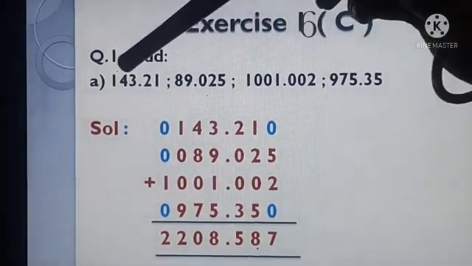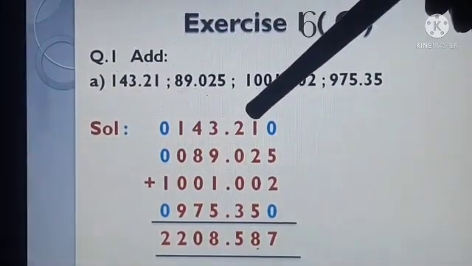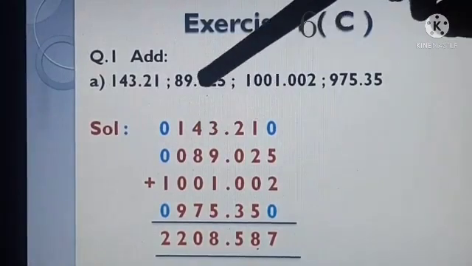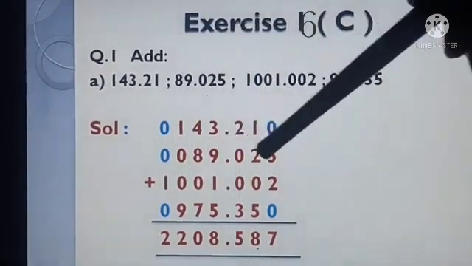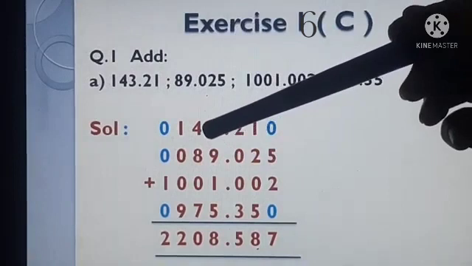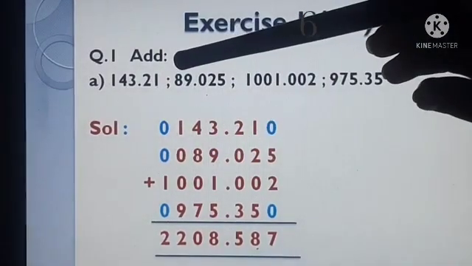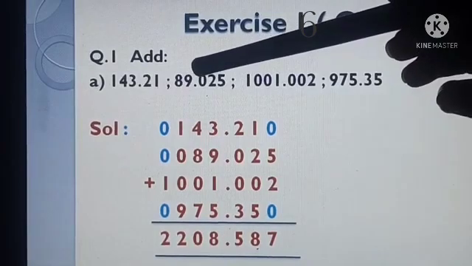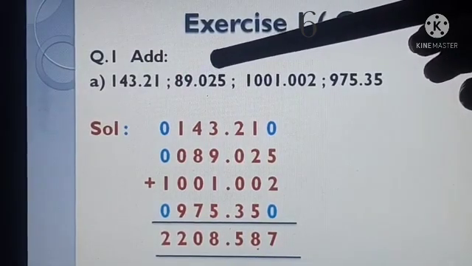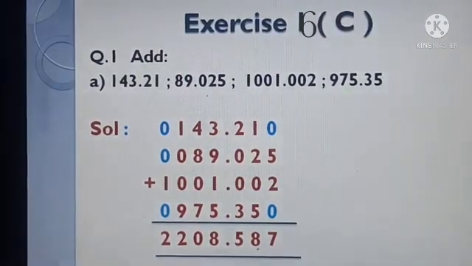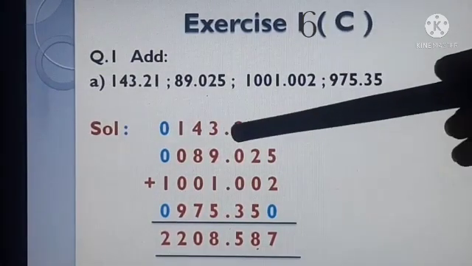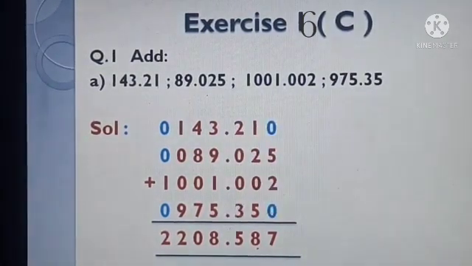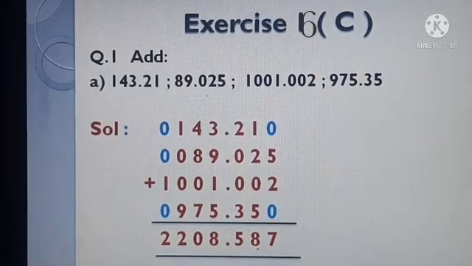So first of all we will write down 143.21 and now 89.025. 89, 8 is at 10th place, 9 is at 1st place. And then decimal, 0 is at 10th place, 2 at 100th place and 5 at 1000th place. So decimal के नीचे decimal आप लगाएंगे, then your number will be written in the correct way. Right?